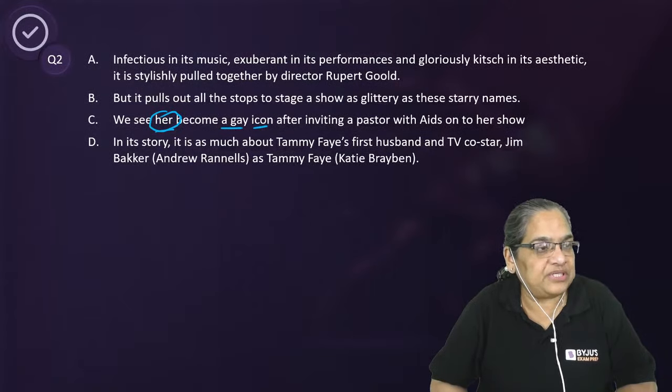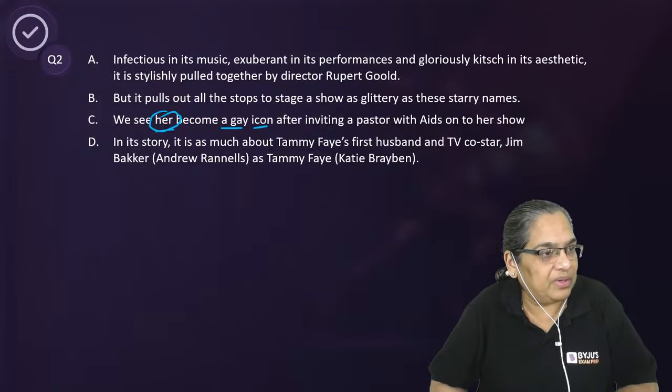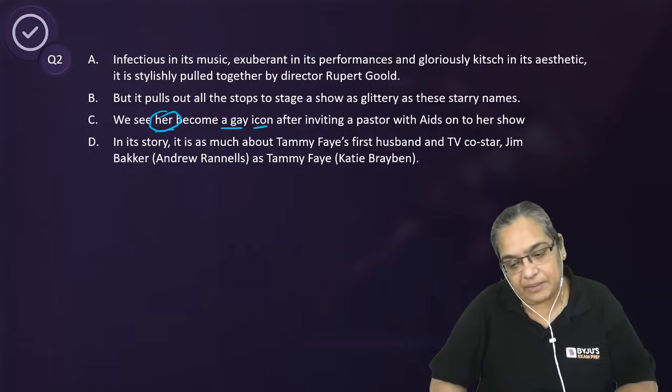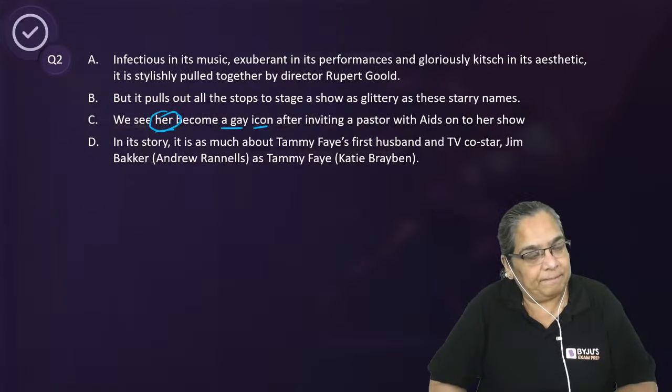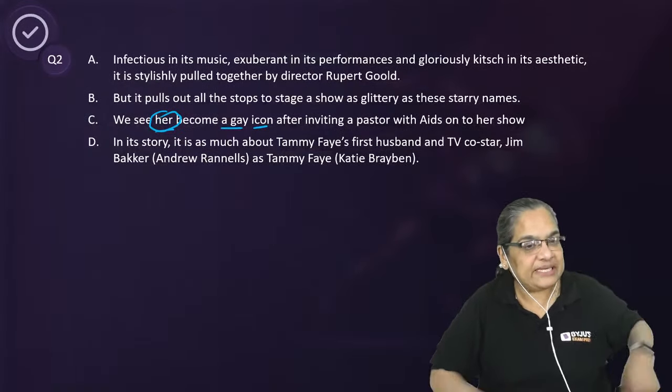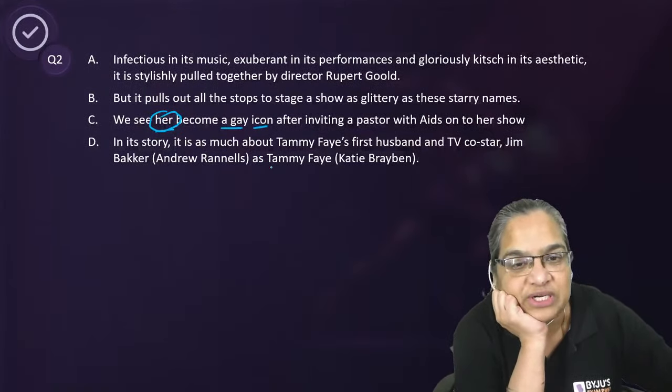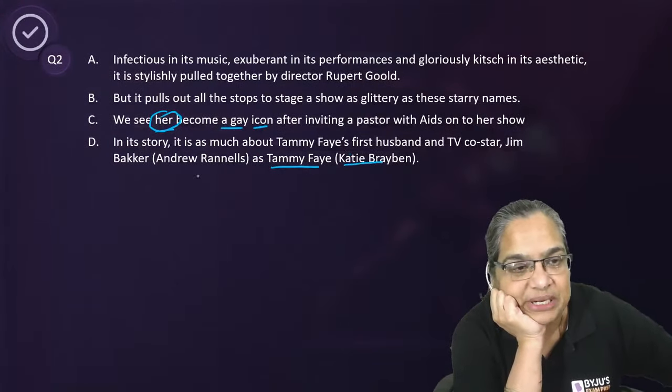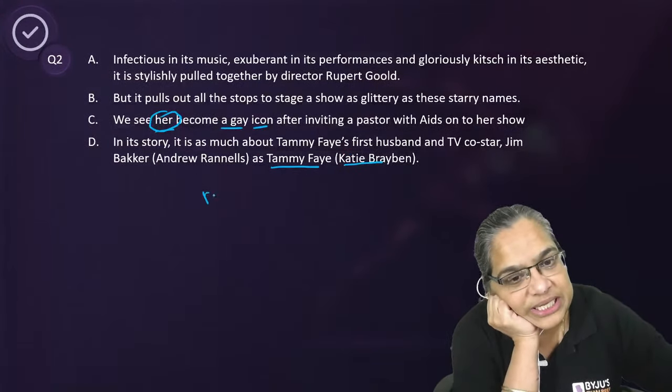In option C, who are we talking about? DC, because we are talking about whoever this Tammy Faye or Katie Braben is. So DC is definitely together.